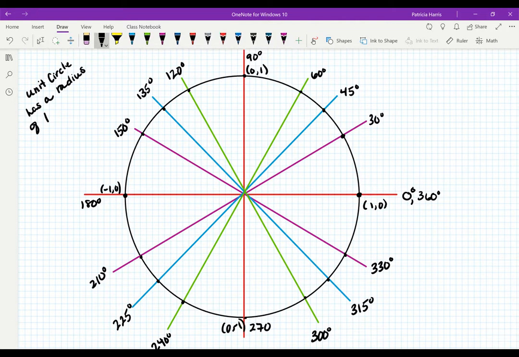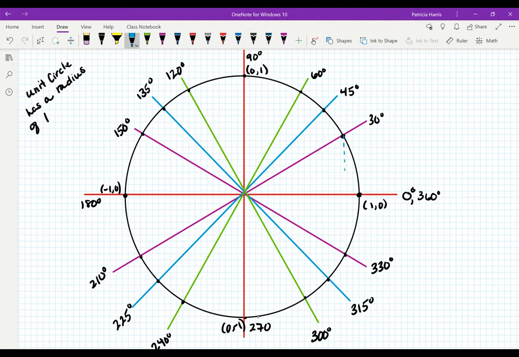So what we're going to do now is we're going to try to find the values of the other points. We're going to start in the first quadrant, and you'll notice that each quadrant is a mirror of the first quadrant. Okay, so what we're going to do is we're going to take our 30-degree angle.